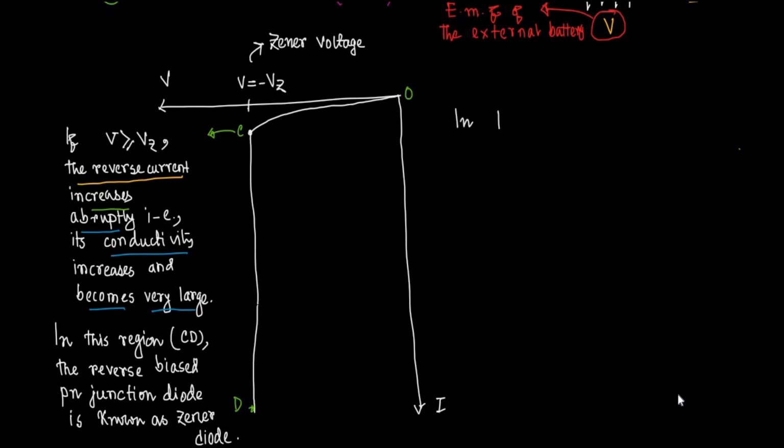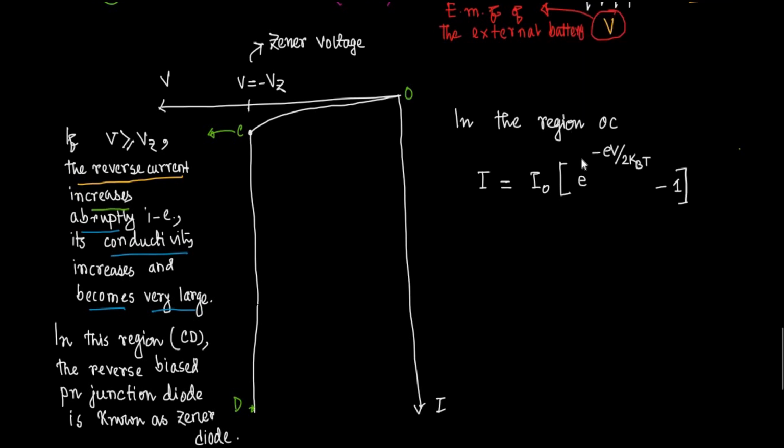In the region OC of the reverse characteristics, the expression of reverse current is I equal to I0 times bracket e to the power minus EV divided by 2kT, minus 1.